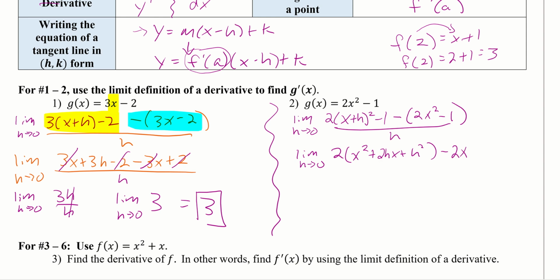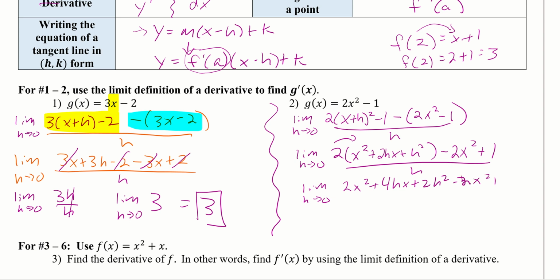And then distribute that negative in, plus 1. Now, all this is over h. Now I'm going to distribute the 2 into everything in these first parentheses. H goes to 0, so 2x squared plus 4hx plus 2h squared minus 2x squared plus 1.